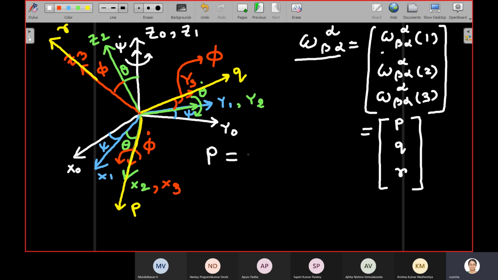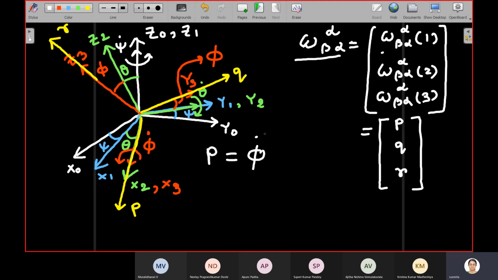So P is equal to, we know that phi dot is along x3, so phi dot will be there in this expression, correct? What is the other term we will have? There will be one more term. Okay. What is that term? Can anybody tell me what that term will be?